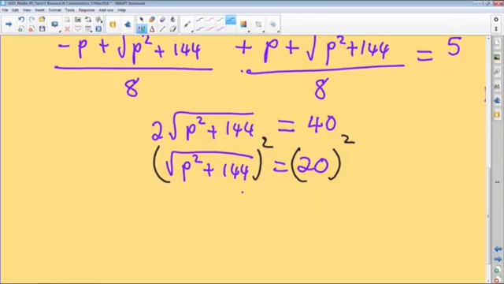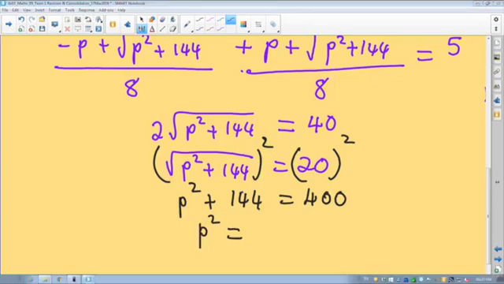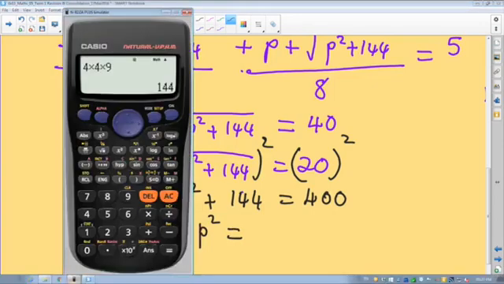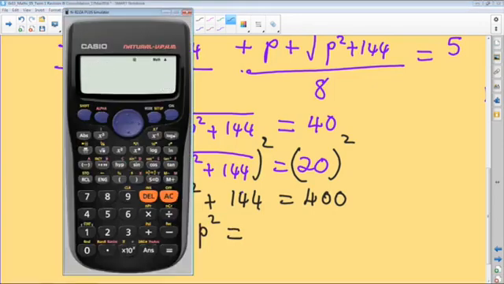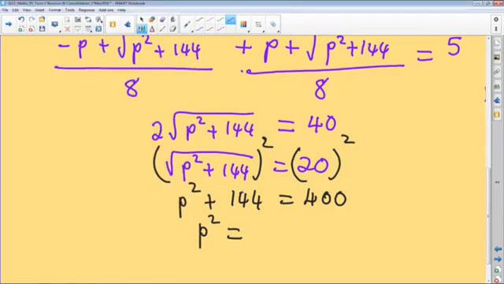And now we get p squared plus 144 equals 400, okay? Then you have your p squared equals, now you guys are quick, but I'm a little bit slow now, I'm getting old. 400 minus 144, that's 256. So you get 256.